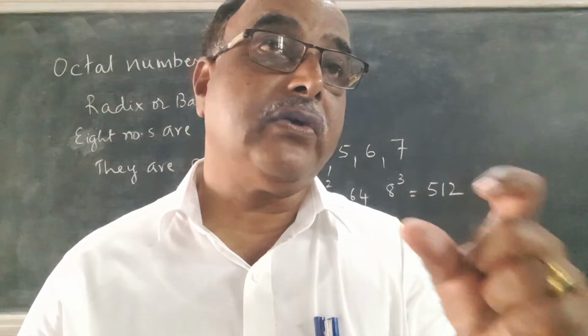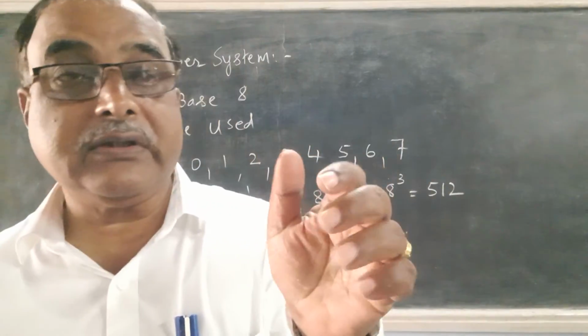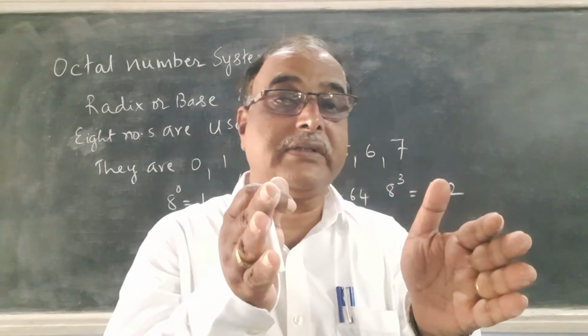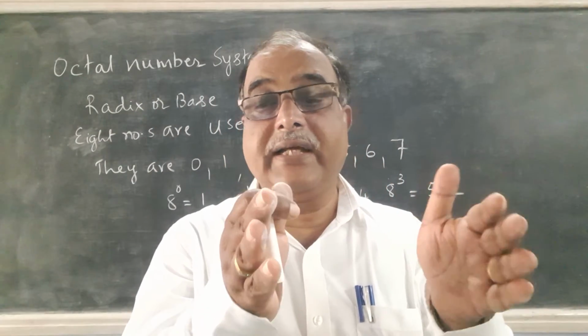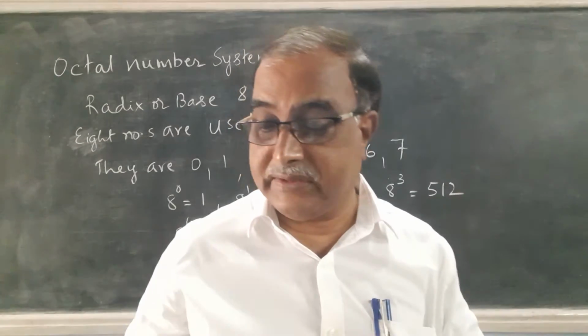The combination of 3 binary digits is taken as one digit in the octal number system.